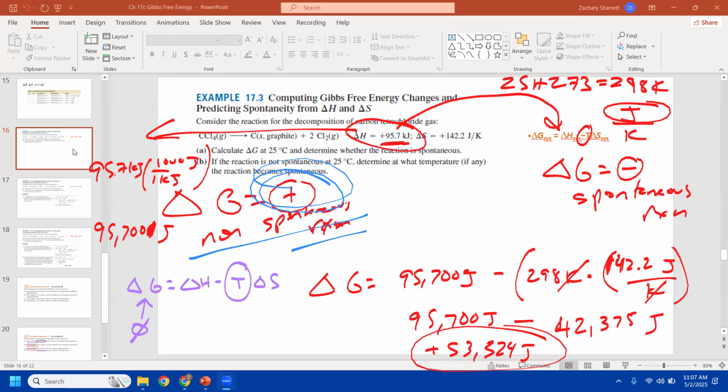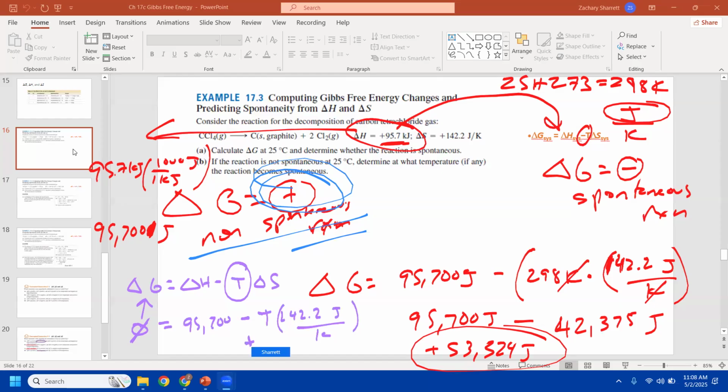But if you want to theoretically calculate that, you can use these values because a lot of these things are readily available. So to do this, we're going to just plug in 95,700 minus T times 142.2 joules per Kelvin. That equals 0, right? So what I'm going to do is add this other side over just because I don't like dealing with negatives that much.